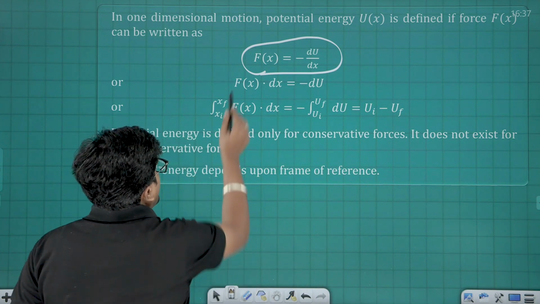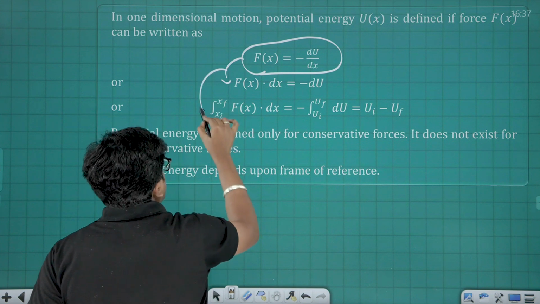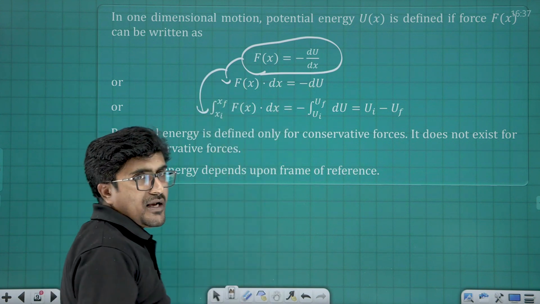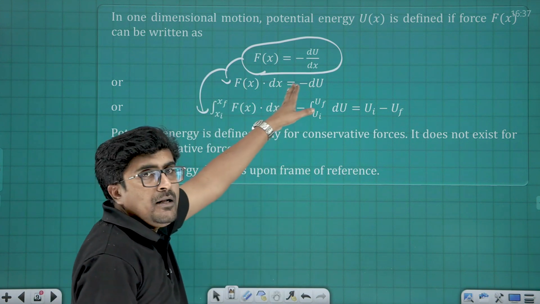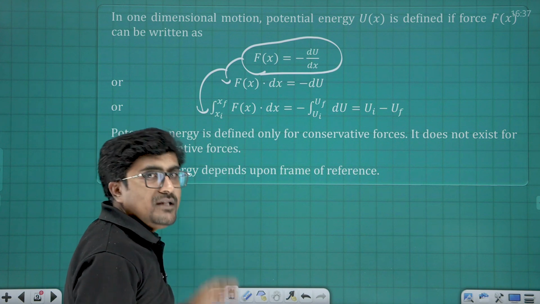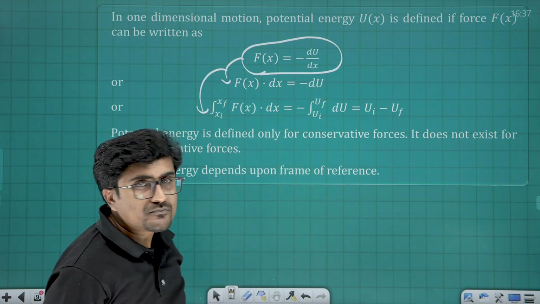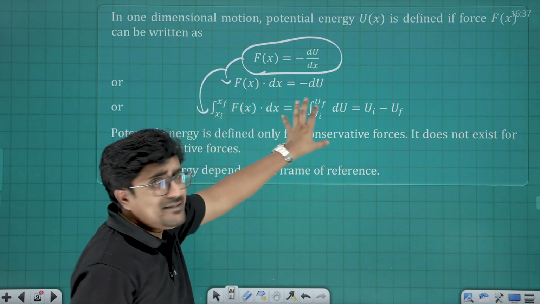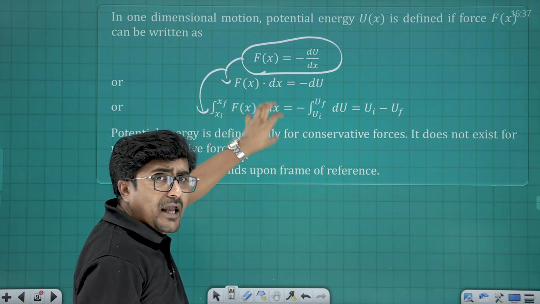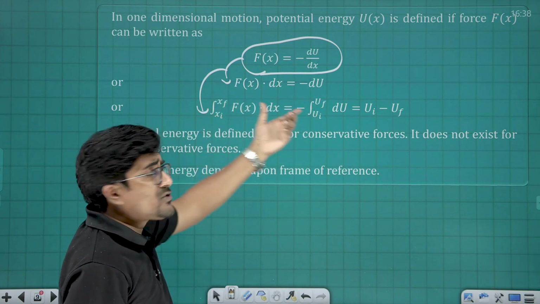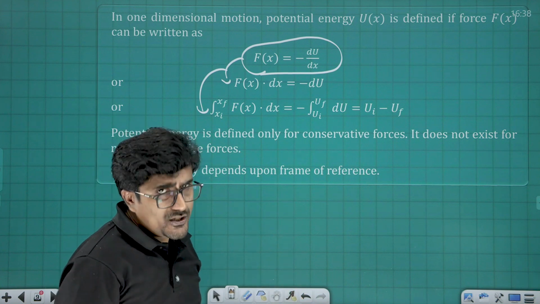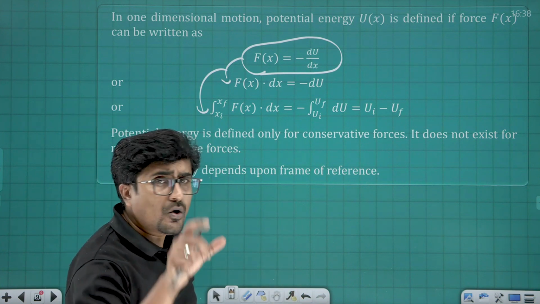Based on that, you can have two more relations. It's nothing, just rearranging the relation. For example, if I take dx to the left, then F dot dx is equal to minus du. And if I integrate this, the integral of F dot dx between the limits x1 to x2 gives the change in total potential energy.